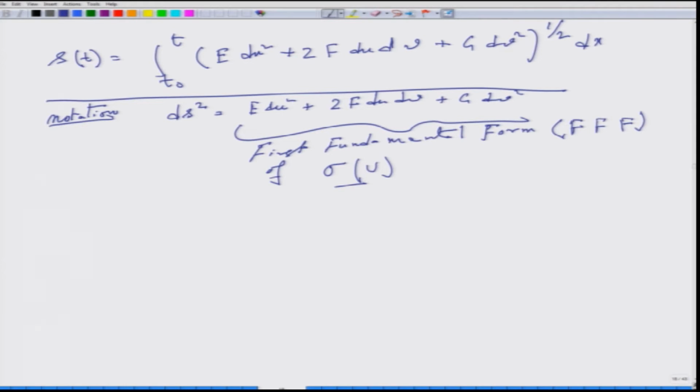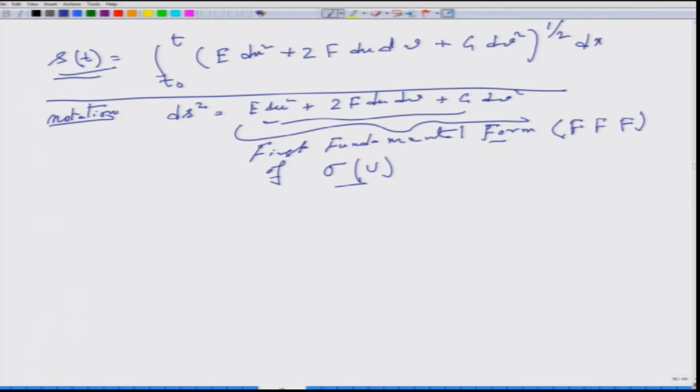It is really fundamental in the sense that if I integrate the square root of the first fundamental form, then I get the length of the curve. And why form? I am not defining explicitly what a form is, but any form acts on a curve.